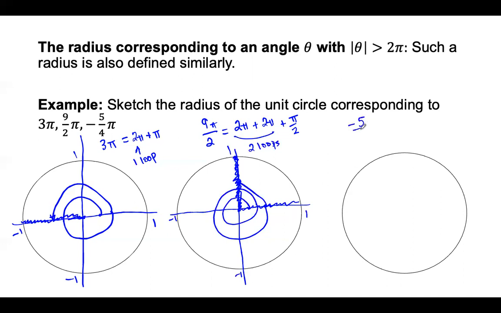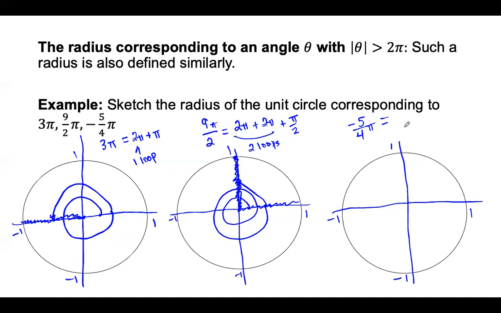Okay. What about the last one? -5 pi divided by 4. Just try to draw the axis. So we have 1, 1, -1, -1. So we have a negative value. So this is like negative pi, and subtract maybe 1/4.